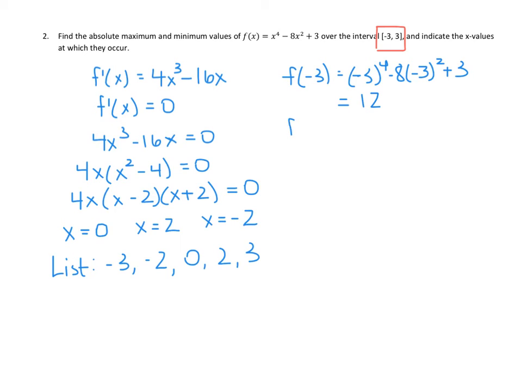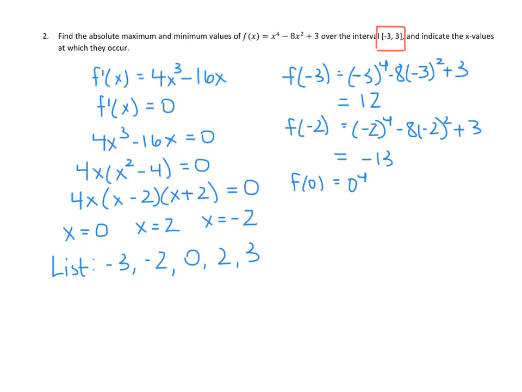Next we plug -2 into our function. So we have -2 to the fourth minus 8 times -2 squared plus 3, which when we simplify we get -13.